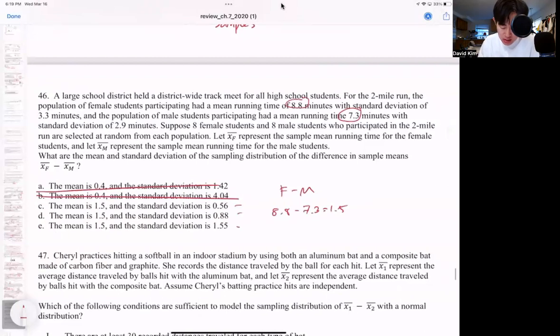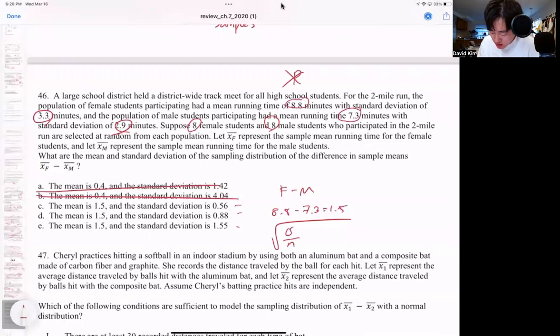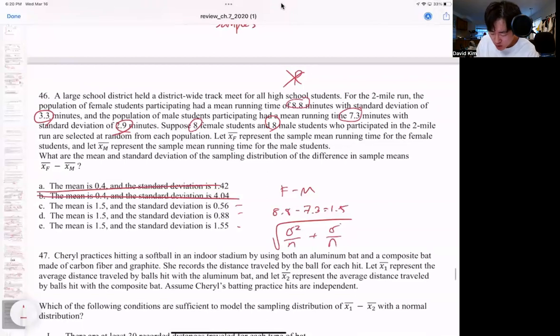So we're really down to C, D, and E. Now take a look at the standard deviation of females and males with the sample size that was given. Since no proportion is given here, the formula is the standard deviation squared divided by n plus the standard deviation squared divided by n. And then when you add them up, square root the whole thing, you get the correct answer.